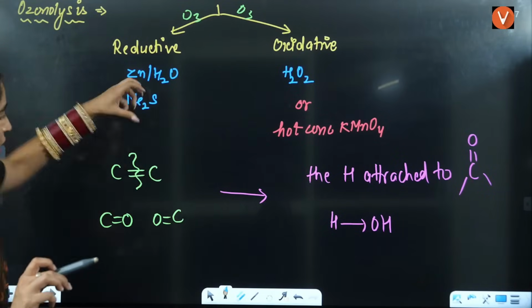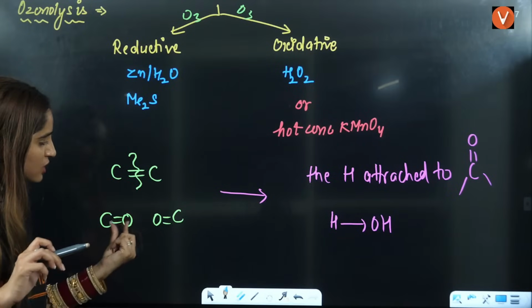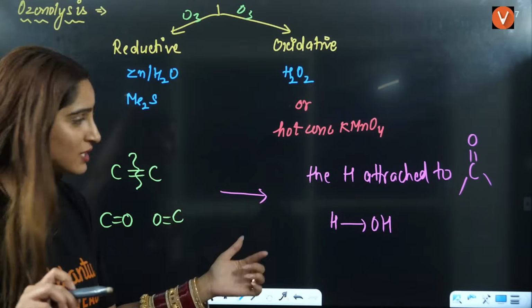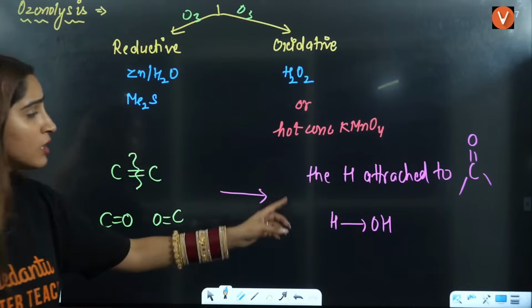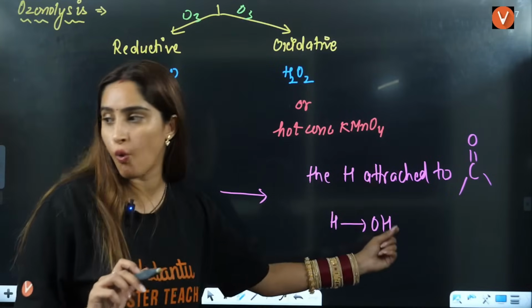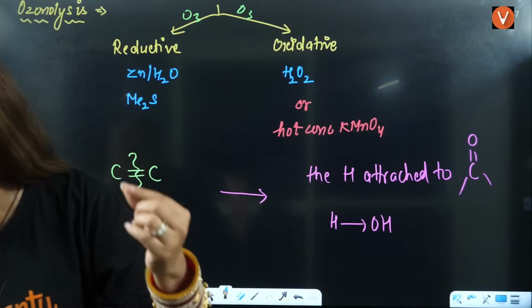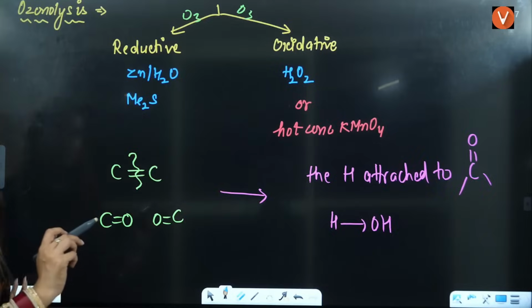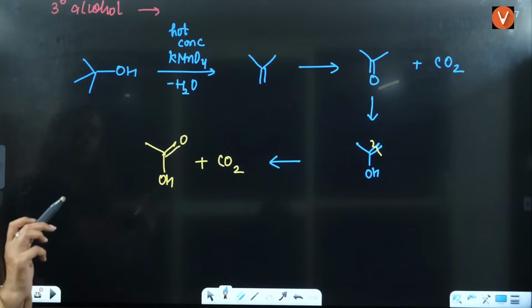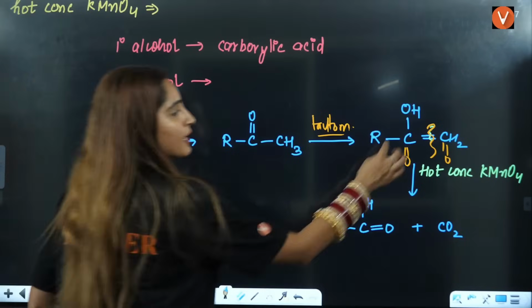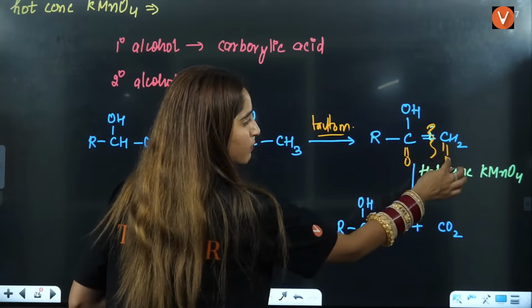In reductive, break the double bond, attach double bond O, double bond O. In oxidative, move one step further, convert all the hydrogens that are directly attached here to OH. Understood or not? Same thing we have done here: break the double bond, attach double bond O, double bond O.